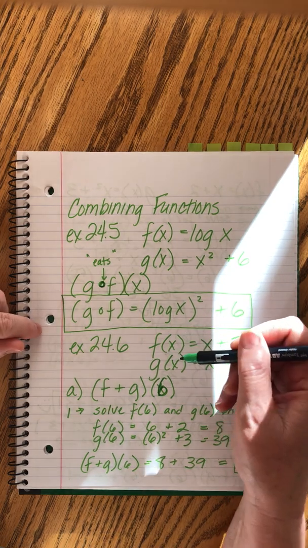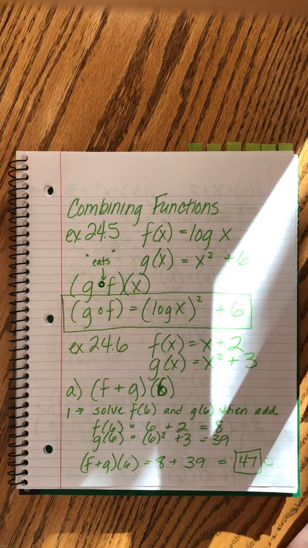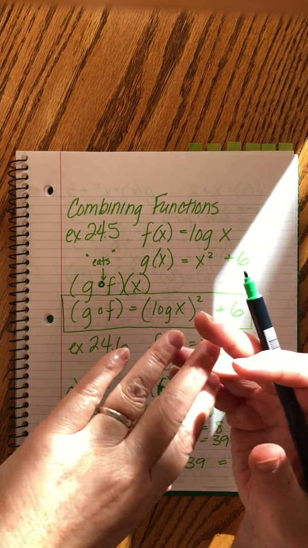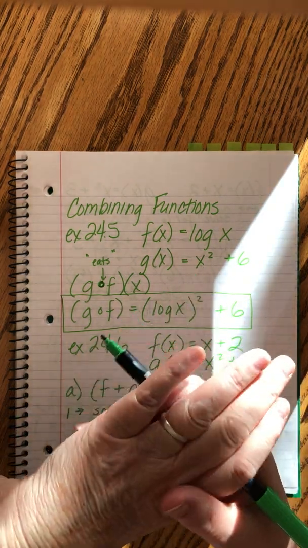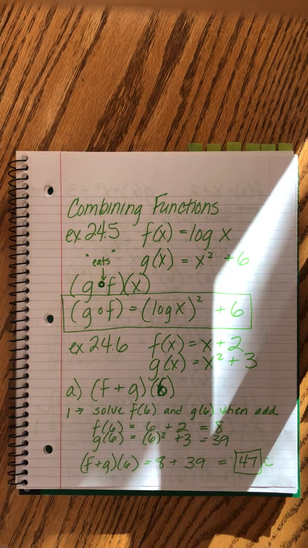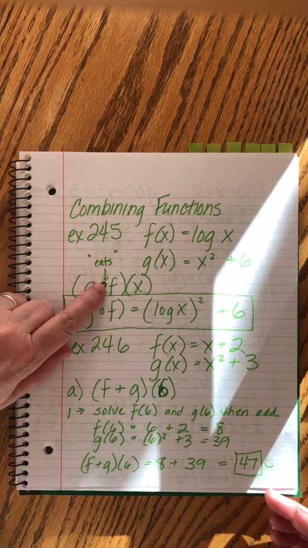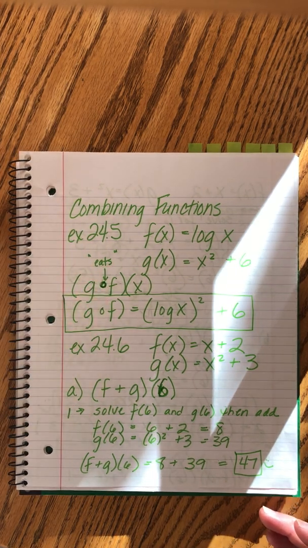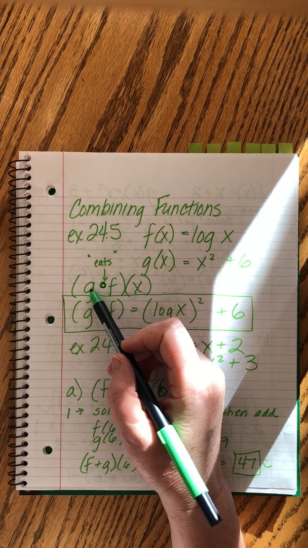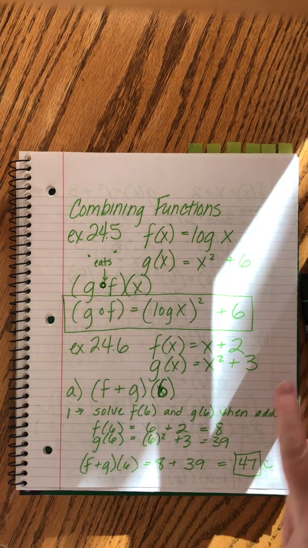And so the F is going into the G. This is the harder one to understand. Those other 4 that we did with the adding, subtracting, multiplying, and dividing, those are pretty straightforward, and it's just a question of cranking through the calculations. This is the one that can really confuse you if you don't remember how that works. And that's what I always say is G eats F, because it helps me remember exactly what to do.